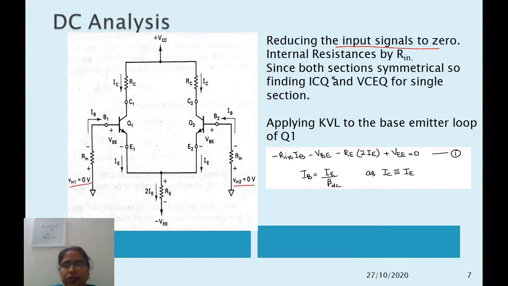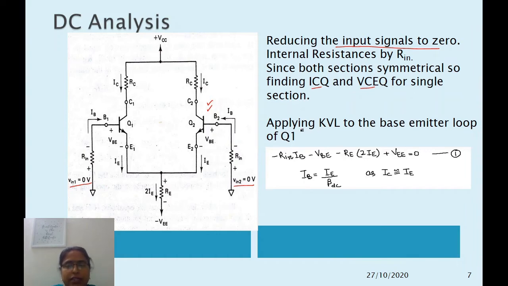And since both these sections are symmetrical, in the DC analysis, as we are finding the operating points, that is IC and VCEQ, by finding these two values for a single section, that is also applicable to the other section, because the two sections are similar to each other.